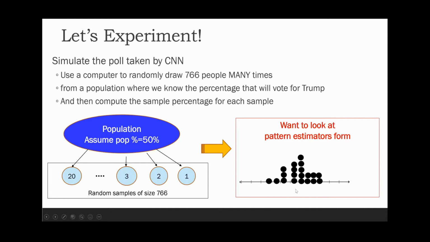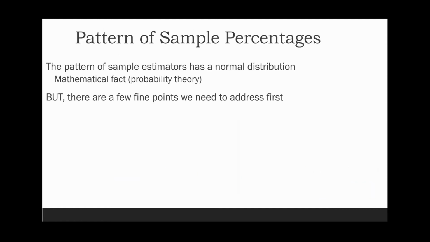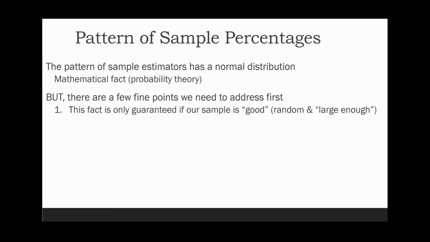And we're really interested in what this pattern that the estimators make looks like. And one of the things that we saw in this part of the course is that these sample estimators don't have a random pattern. In fact, they have a pattern that we're very familiar with. They have a normal distribution.